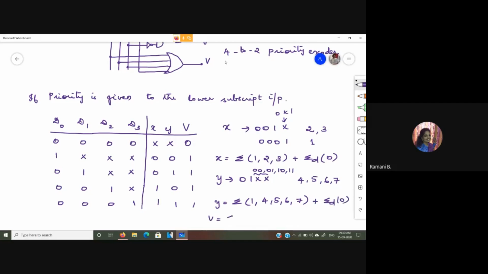V value is same, because except for 0, 0, 0, 0 all other combinations are going to have 1. Okay. So accordingly, your expression changes. If we are going to implement this, the expression for X and Y mainly changes. So you can just work that out.